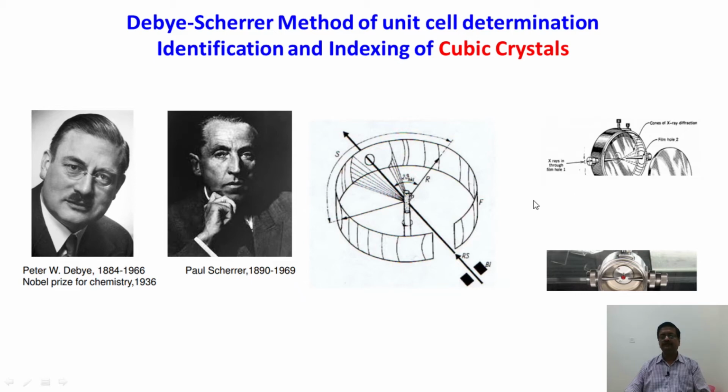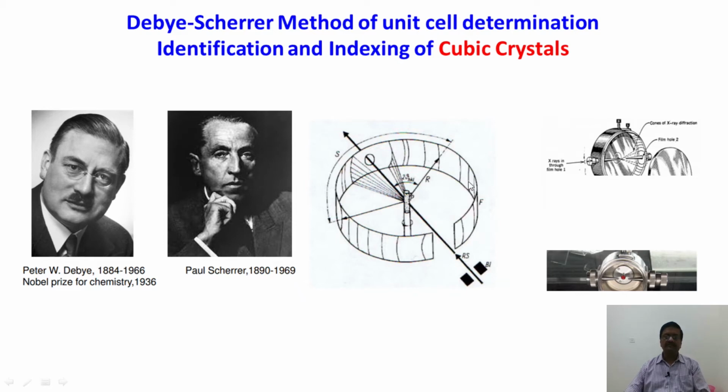You know that X-ray diffraction methodologies are more than 100 years old, and in the very initial days of powder X-ray diffraction, the diffraction data used to be collected using X-ray films. Those films used to be exposed with the crystal in the middle, and the diffracted beam would generate white lines on the film.